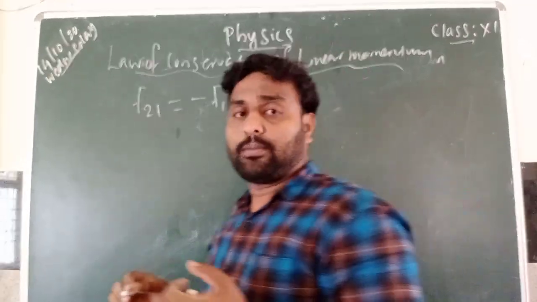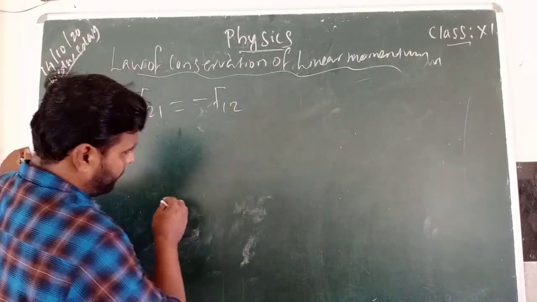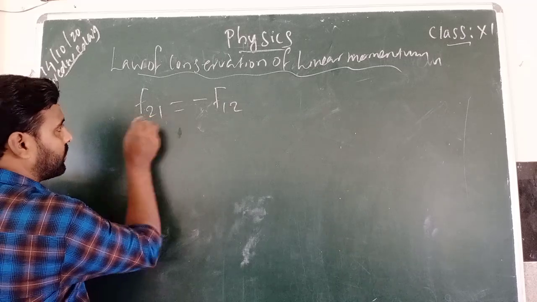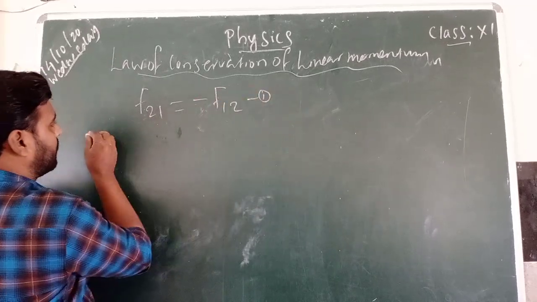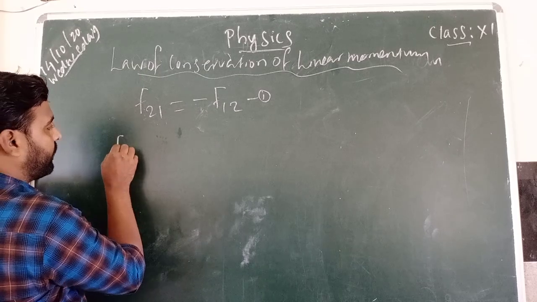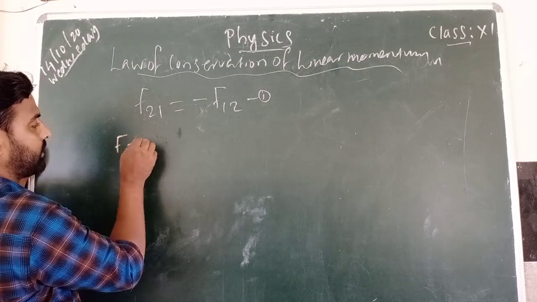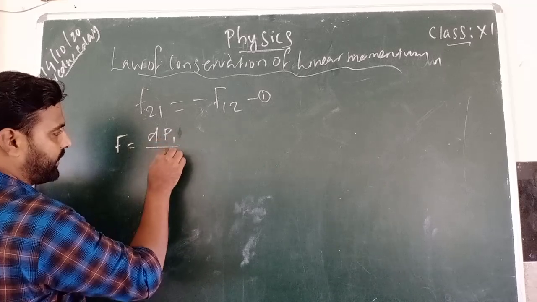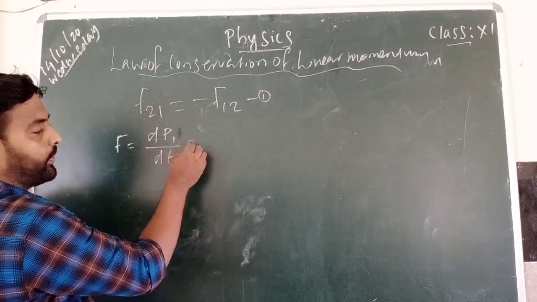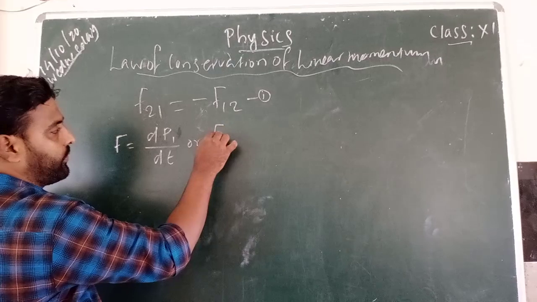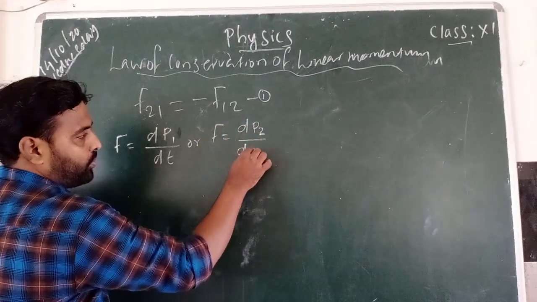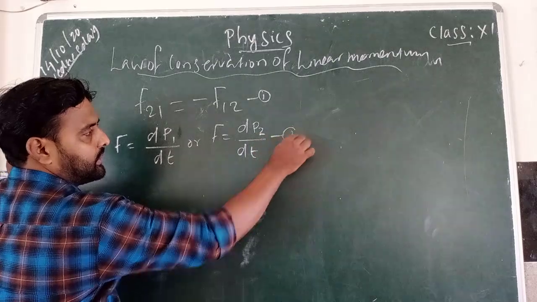We can write this in terms of Newton's second law, in terms of momentum. Now F is equal to dP by dt. For particle 1, F is dP1 by dt, and for particle 2, F is dP2 by dt. This is equation 2.